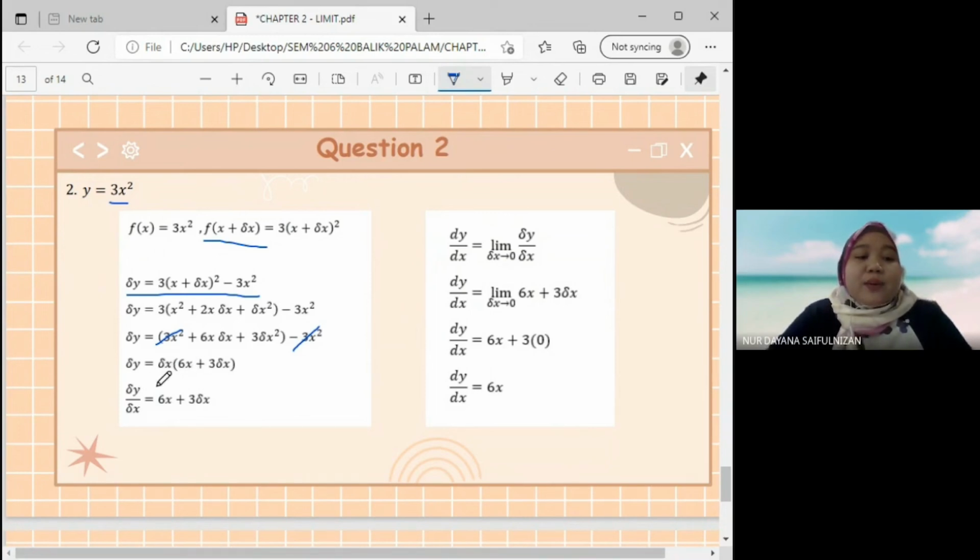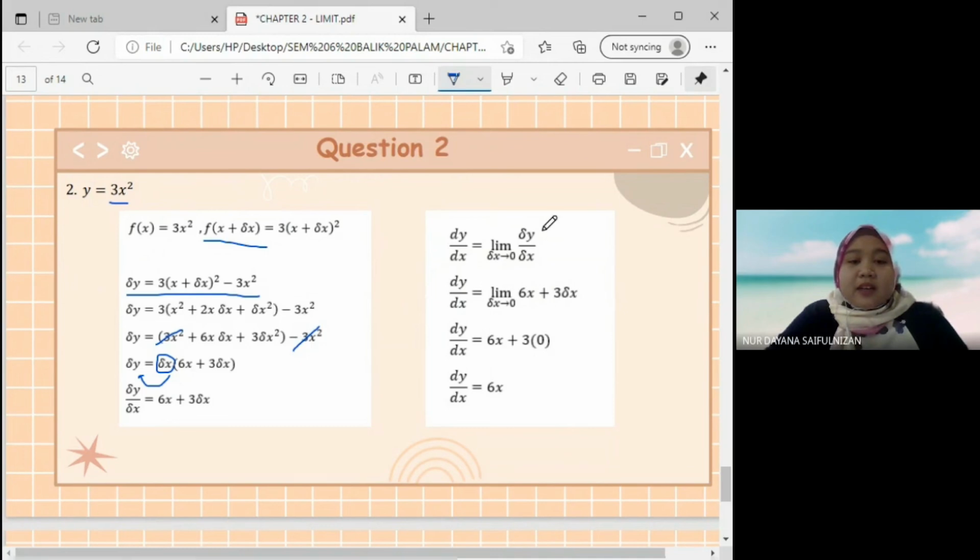Then we move the delta x to the other side, and we will get the value of delta y over delta x equal to 6x plus 3 delta x.